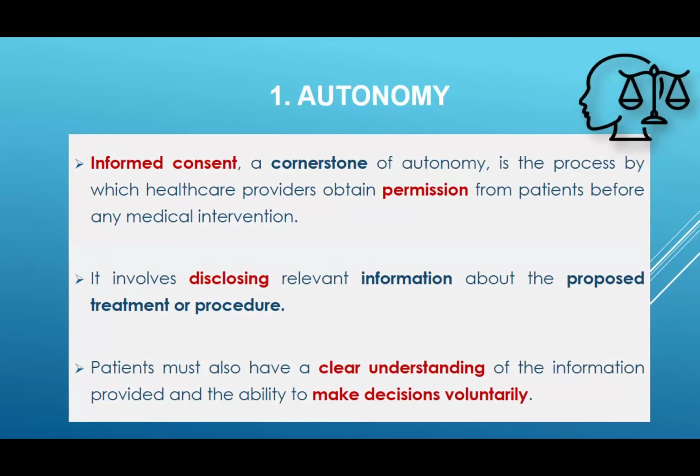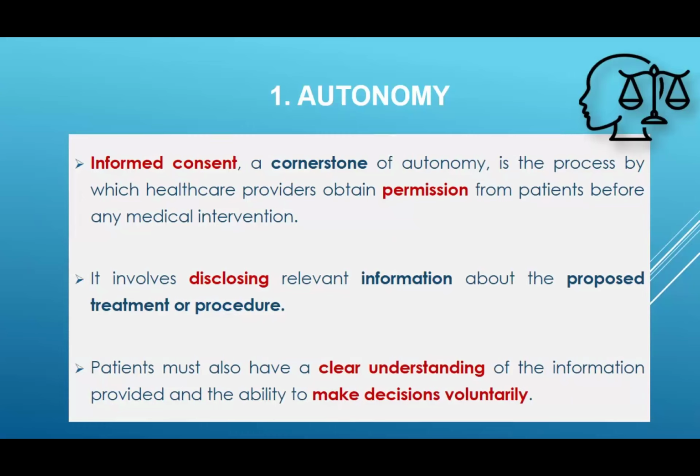And this is very, very important. Patient autonomy is a concept derived from property right issues. As we have the right to do whatever we want with our properties, what about our bodies? We can have the right.